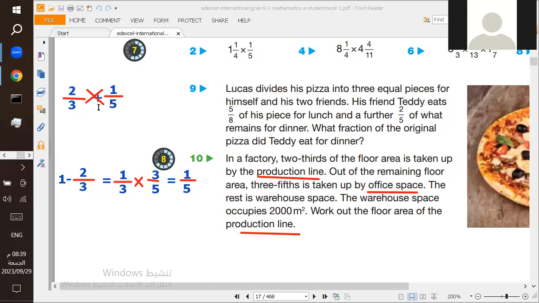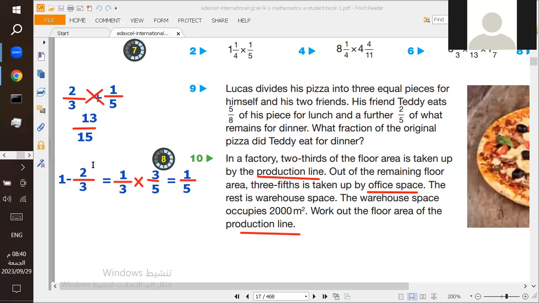So 3 times 5 is going to be 15. This is the denominator. And then when you multiply the 5 by 2, it's going to be 10. 5 times 2 is 10, and here 3 times 1 is 3. So 10 plus 3 is going to be 13. So here we have 13 over 15.